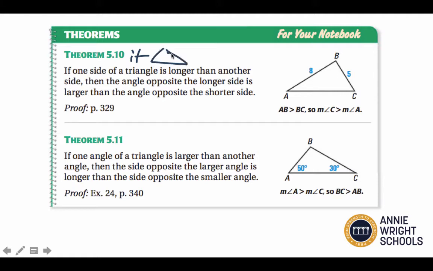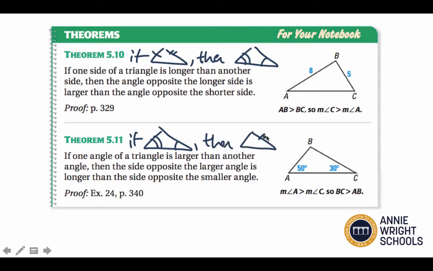If I have a triangle where this side is longer than that, then the angle opposite that bigger side is larger than that angle. And then down here, I'm going to write this theorem. If the angle here is larger than that angle, then the side is bigger than that.